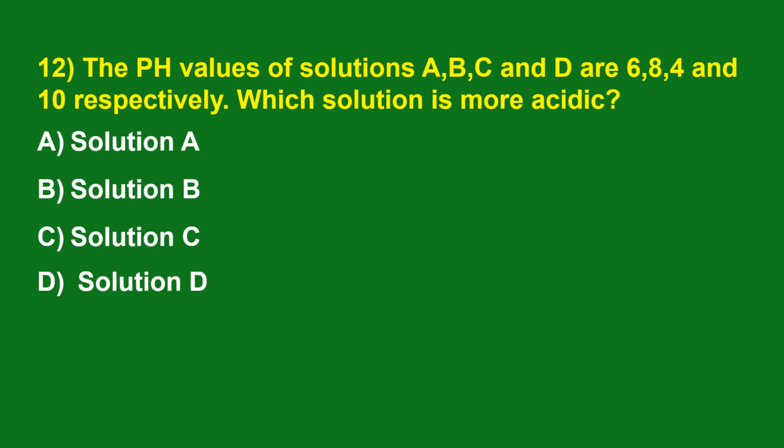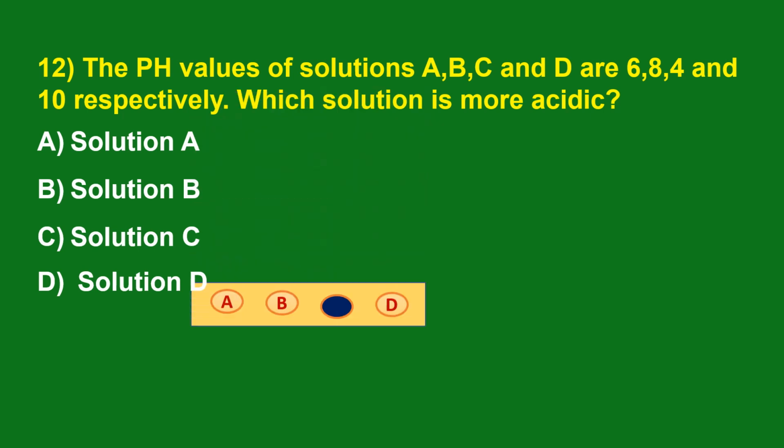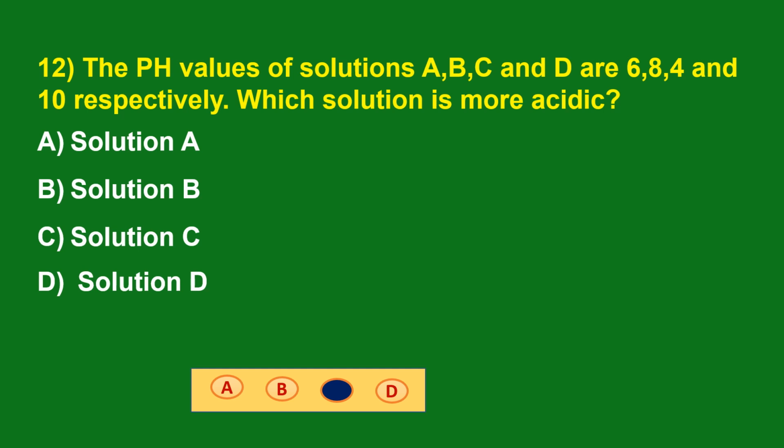Out of the four values 6, 8, 4 and 10, the least number is 4. That means solution C has the pH value 4. If the value is less, the acidic nature is more. That's why option C is the right answer.